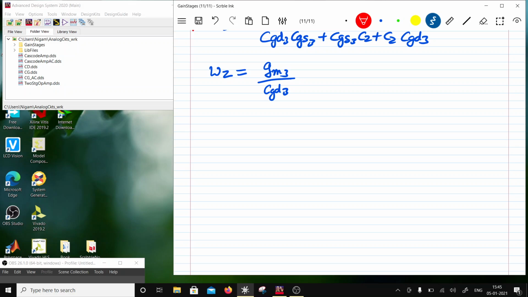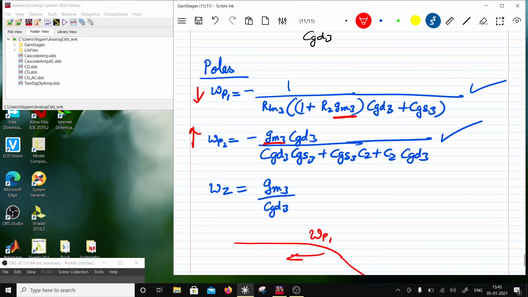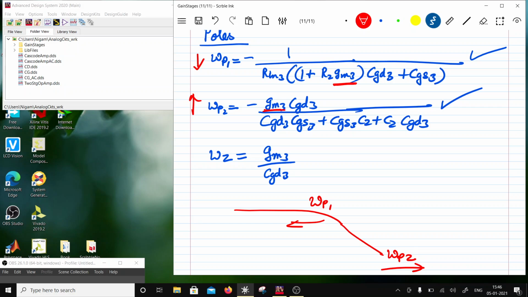So if I was plotting this, in the Bode plot, the WP1 will move inwards while WP2 will move outwards, right? So if I was to increase GM3 of the device, then the dominant pole will move in and the second pole will move out.